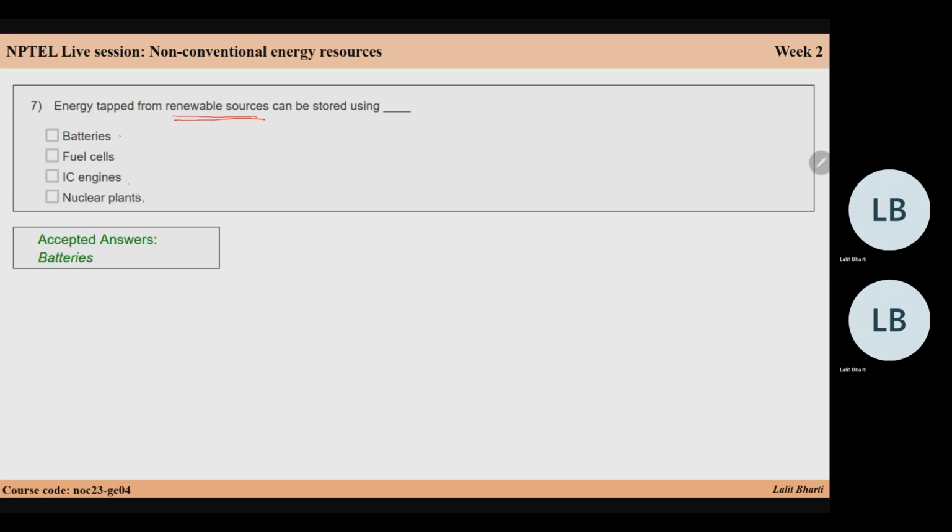So nuclear plant cannot be the correct answer, because it is not energy storage. Similarly, IC, internal combustion engine, these are not a kind of energy storage. We need to store the energy. These can convert the energy.